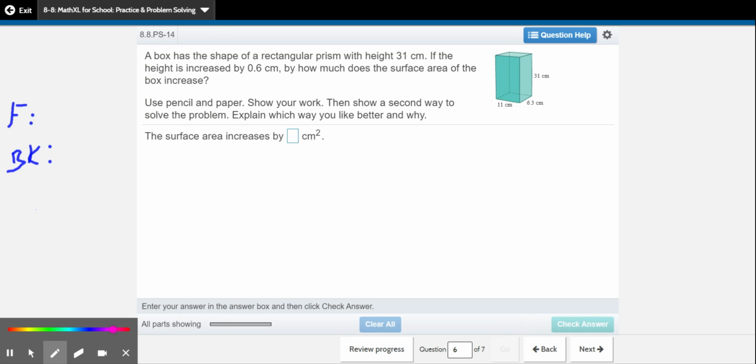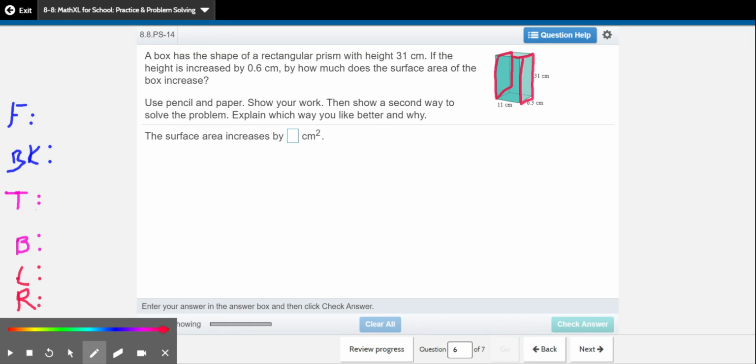I grouped them together because they're the same. All right, now let's talk about the bottom and the top, and then we have the left and the right.